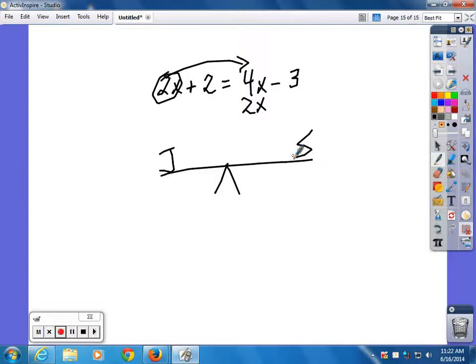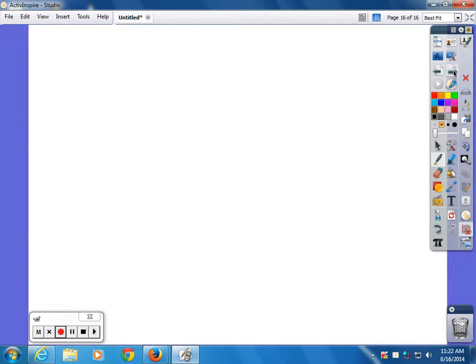And if Susie tries to get on the left-hand side, she's going to explode. Well, that's what this woman does, having a fit saying that 2x can't go over here. That's ridiculous. I'm sorry, I just have a couple of pet peeves. The 2x going to the right side is a pet peeve of mine. It's not a big deal. And the negative in front of a slope is not a big deal.